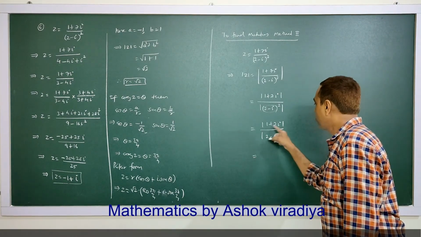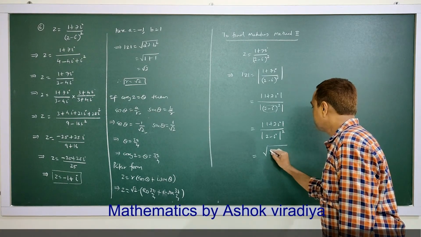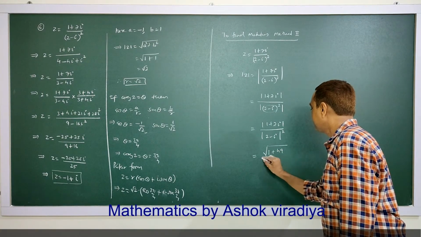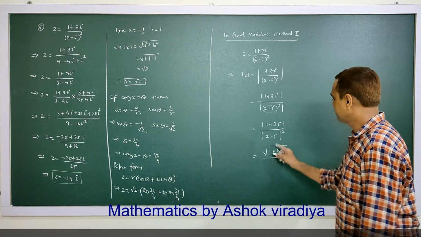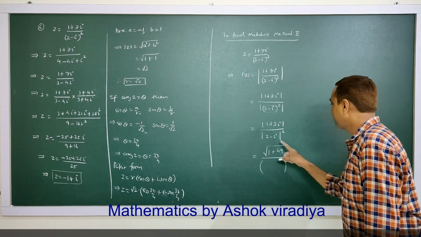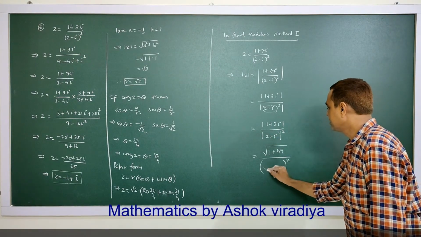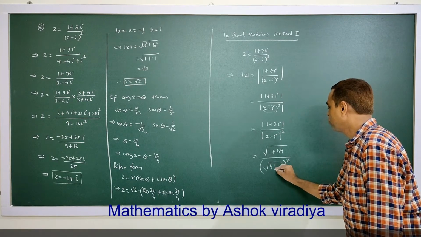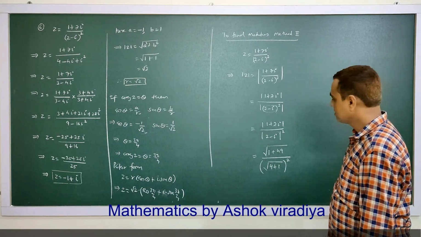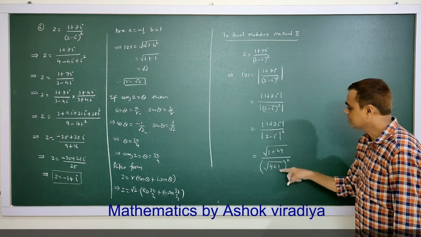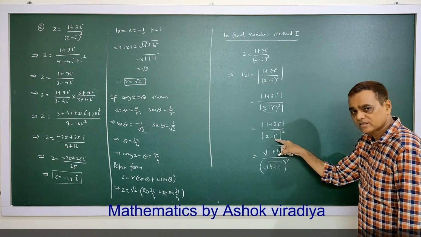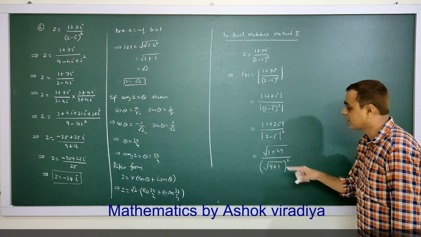And now 1 plus 7i, its modulus is root of 1 plus 49. And here the modulus of this number is square root of 4 plus 1, a square plus b square. b is minus 1, so minus 1 square is plus 1.